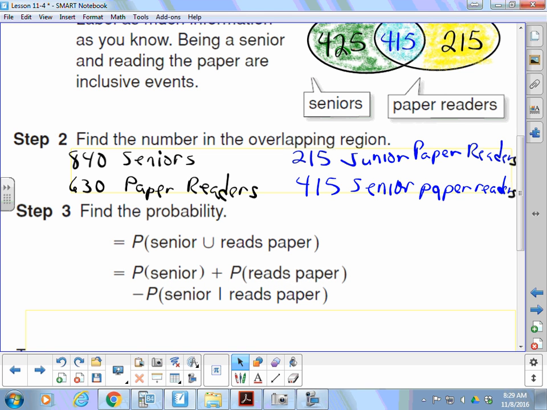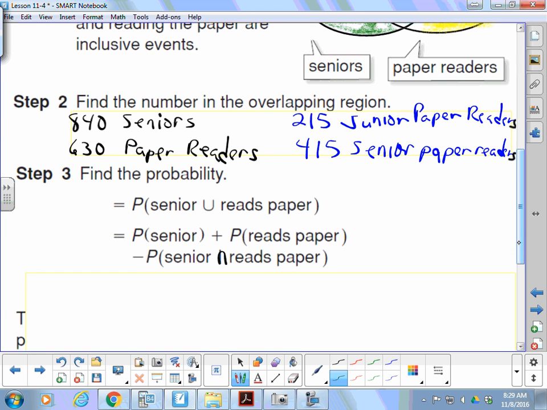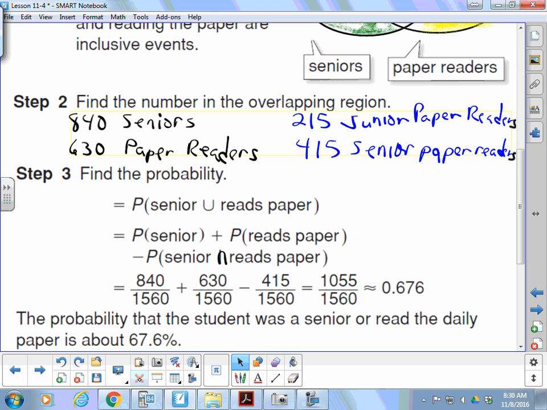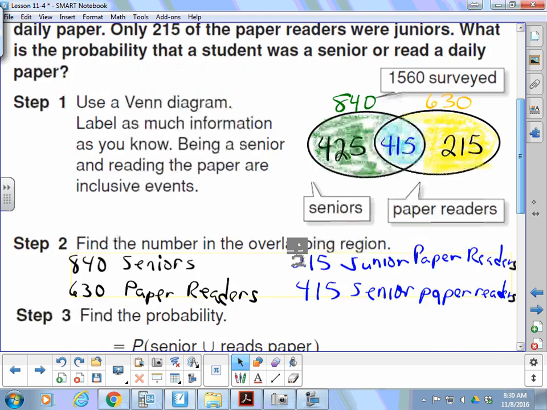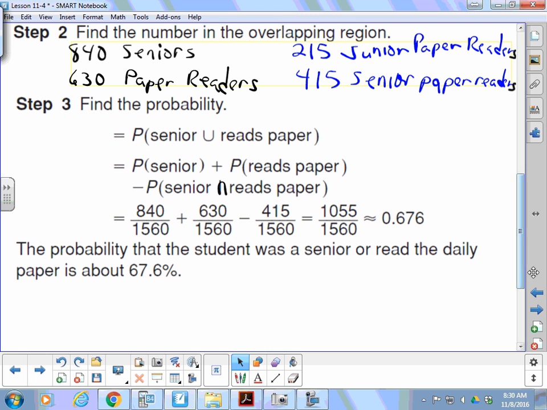All right, this should be U here. They're senior and they're a paper reader. So we have 840 out of the 1,560 students are seniors. 630 of the 1,560 are paper readers, and 415 people are both.